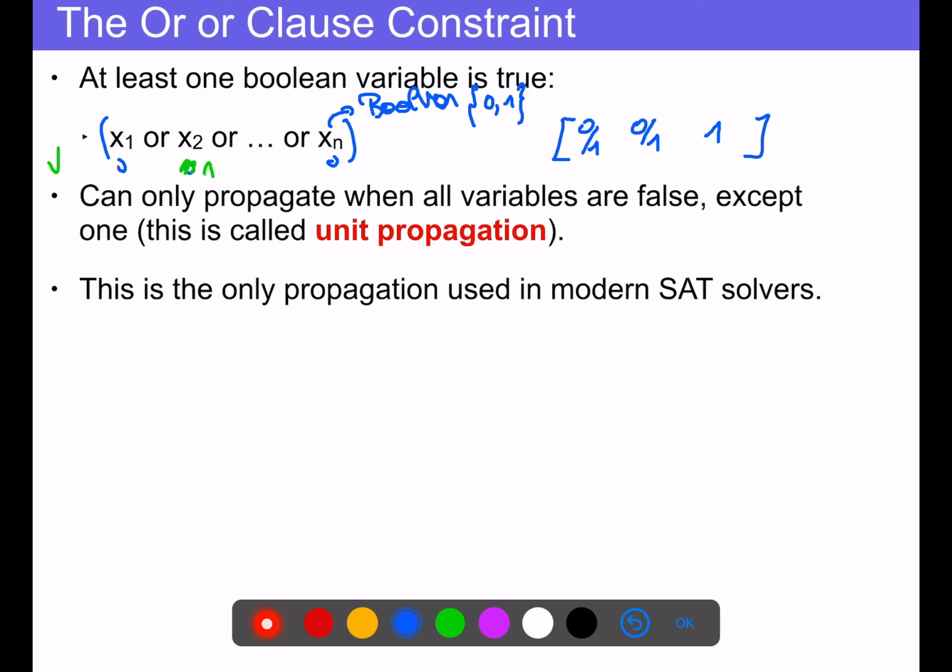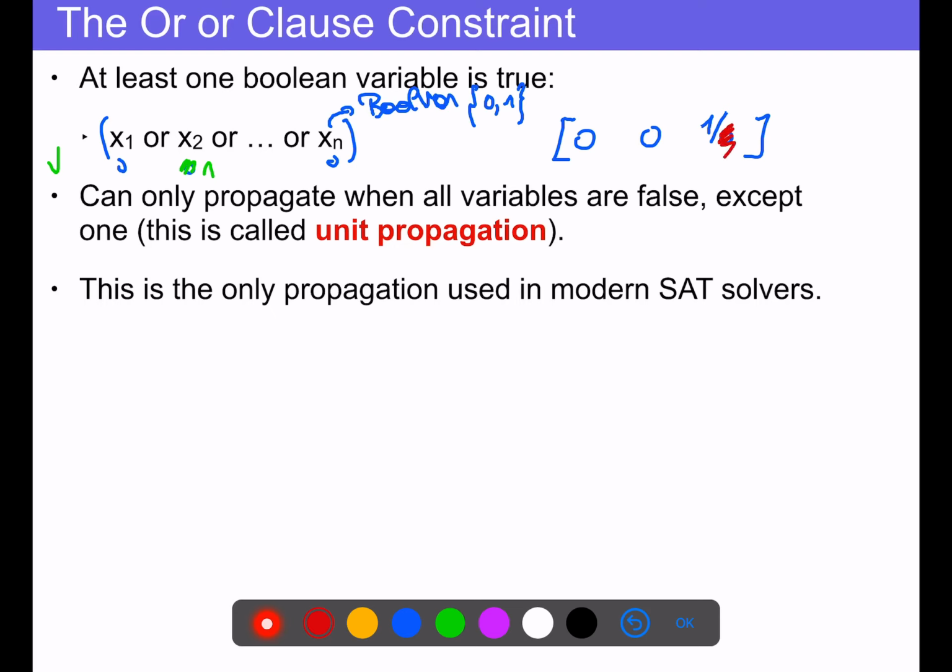You cannot really do anything about these 2 variables, right? You cannot do anything. But if all of them are fixed and they are 0, then you can do something, okay? If all of them are false, so if you have 0, 0, and then 0, 1, you already know that because these 2 variables are already 0, you know that this one is forbidden to take the value 0, because otherwise the OR will not be satisfied.